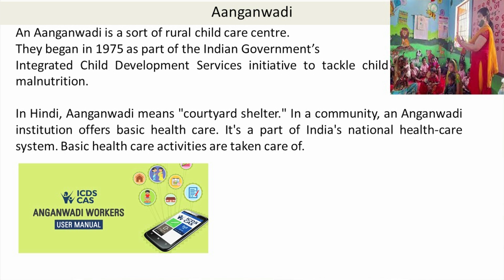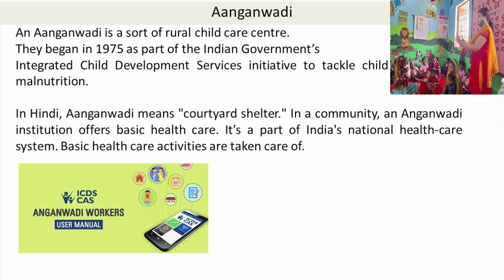That means in a community, an Anganwadi offers basic healthcare facilities to children, and that is a part of the Integrated Child Development Services, which is a Government of India initiative taken to tackle child malnutrition.